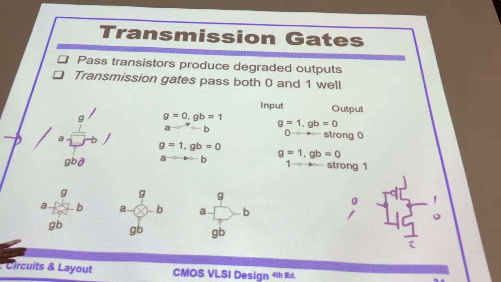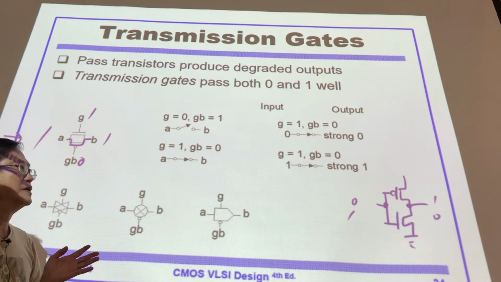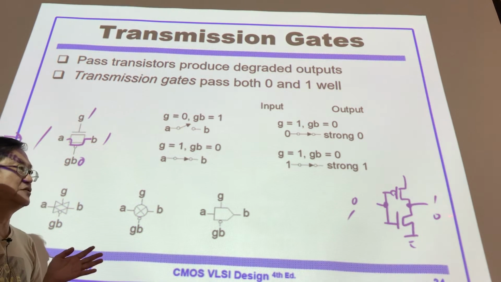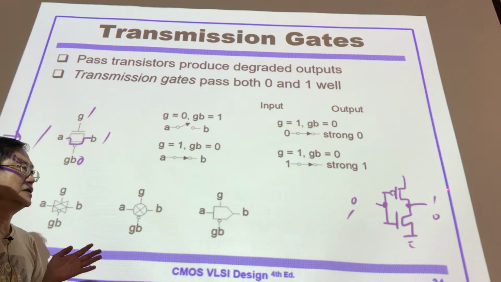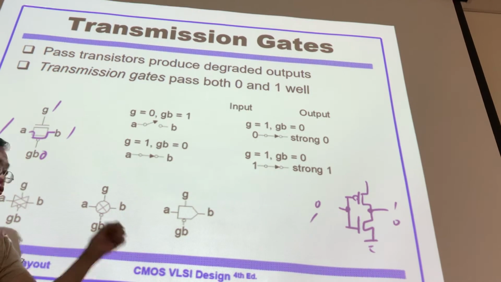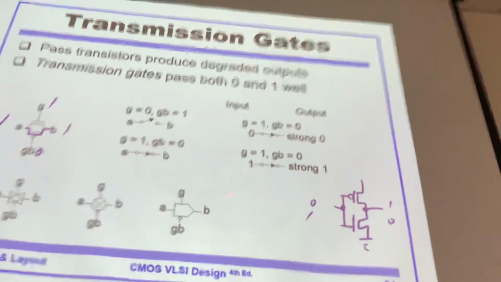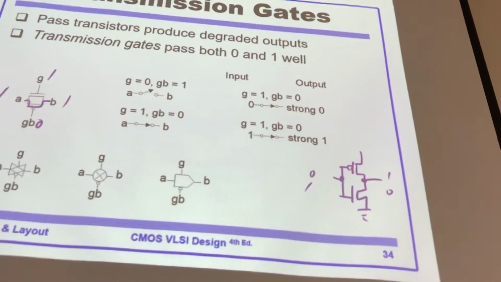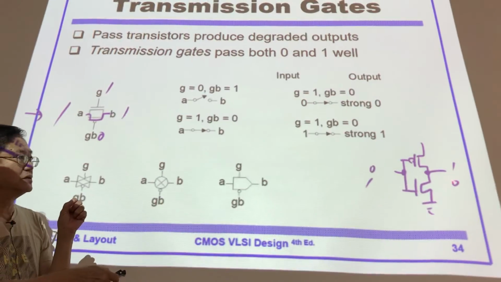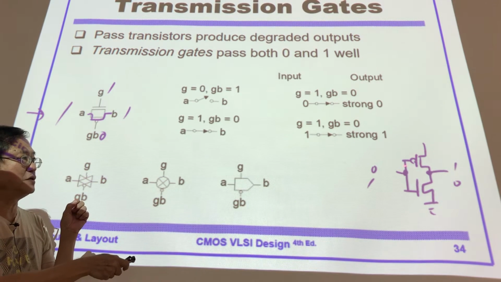This is a circuit for the inverter, the input and output, VDD, ground. Then input 0, you get 1 at the output. Input 1, you get 0 at the output. But this signal 1 or 0 at the output is stronger than these two signals. Why is that? Because for this output 1, it's going to go through the PMOS transistor when it's on.